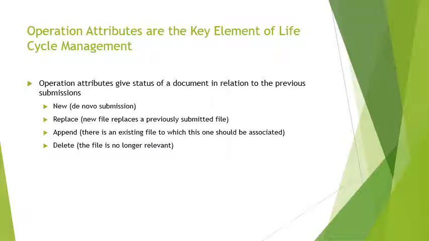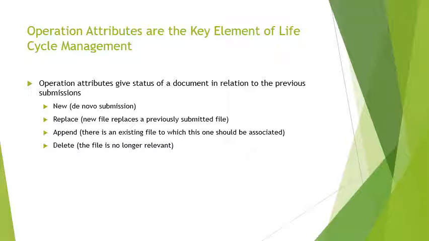Now comes the operation attributes, which are the key elements of life cycle management. These operation attributes will give the exact status of a document in relation to the previous submission. I mean, a document can be new, which is a de novo submission.